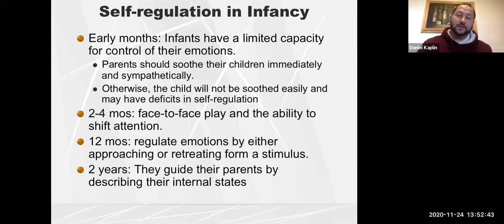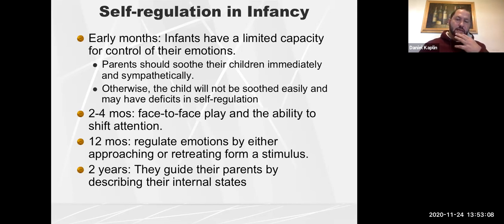By 2 to 4 months, infants have the ability to engage in face-to-face play and shift their attention. Now, shifting one's attention is a great tool for regulating emotions. By a year old, they can actively move their body through space and either approach or retreat from a stimulus.